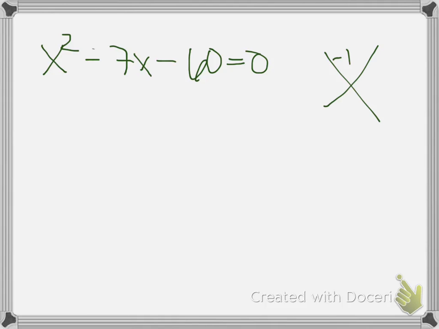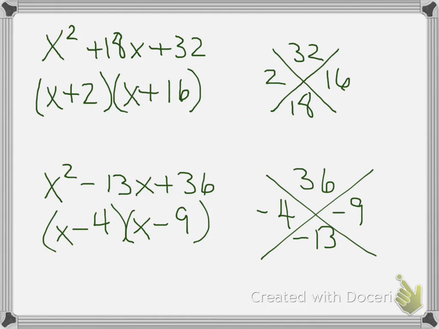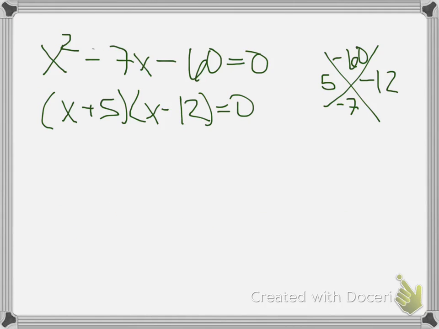So let's do another example. This was like the previous example where we did the 5 and the negative 12. Notice how that becomes x plus 5, x minus 12. Now, the big difference between this slide and the previous slide is that those were not equal to 0. This one is equal to 0. So either one of these parentheses is supposedly equal to 0.